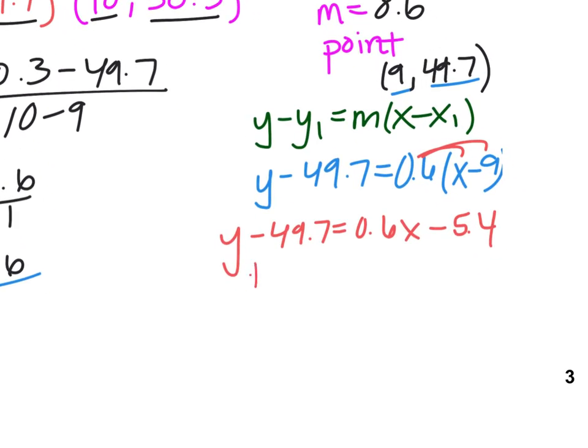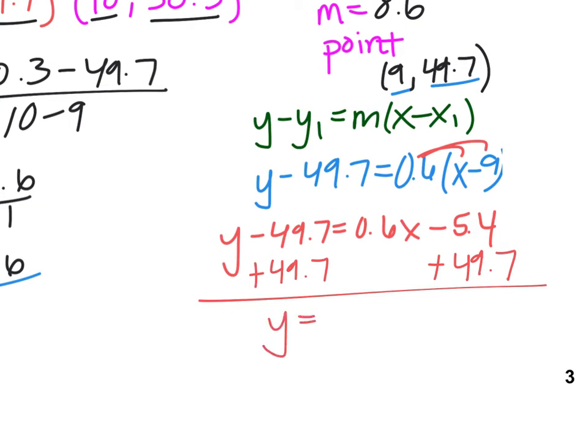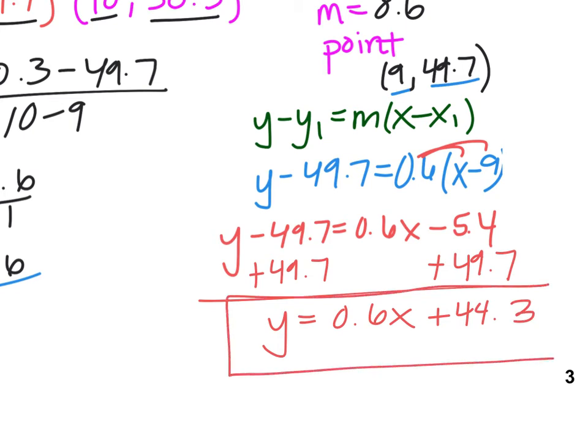And then we can just add on over the 49.7. And if we do that, we get plus 44.3. So this is the equation we can use to find the sales, because remember, recap from before, the y value are the sales, the x value is the year.